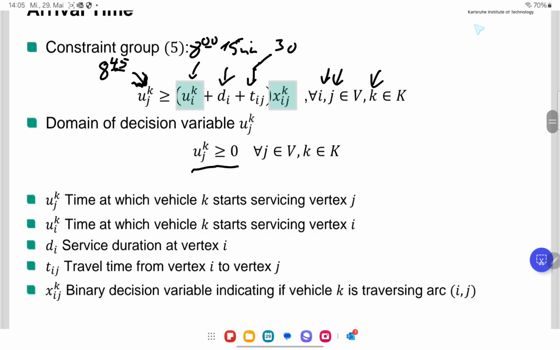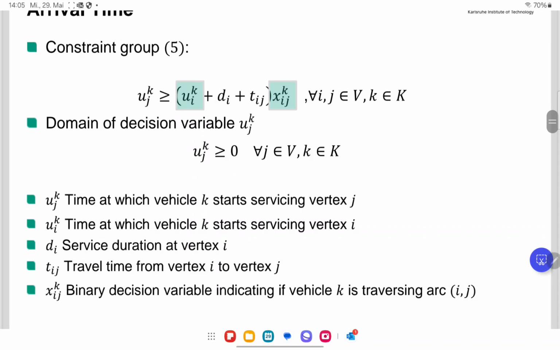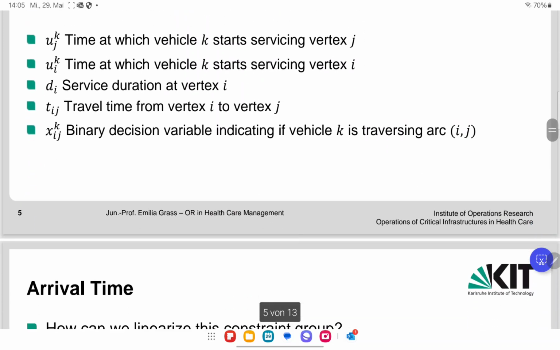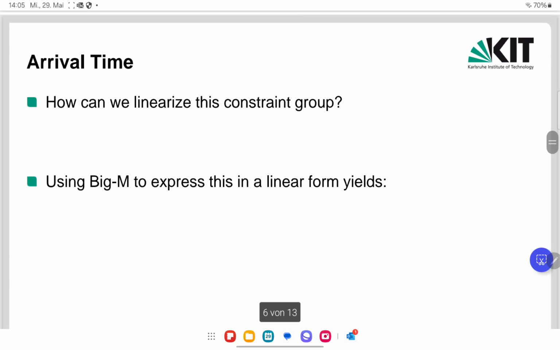Okay, and now we would like to linearize that, and what we know is these are the decision variables, and this is the decision variable. As soon as they have to be multiplied, this is a nonlinear constraint. Now the question is, how can we linearize this constraint group?